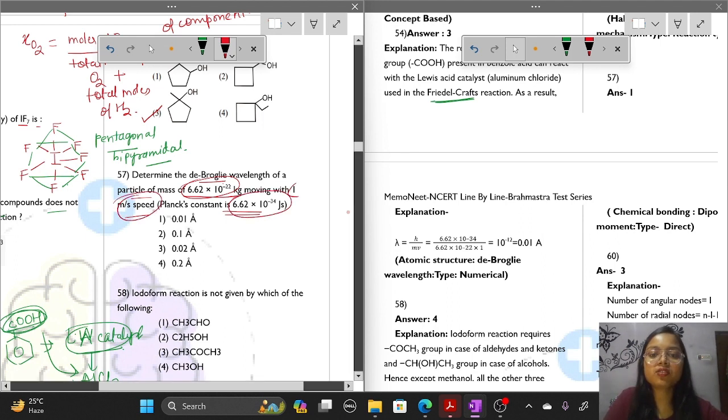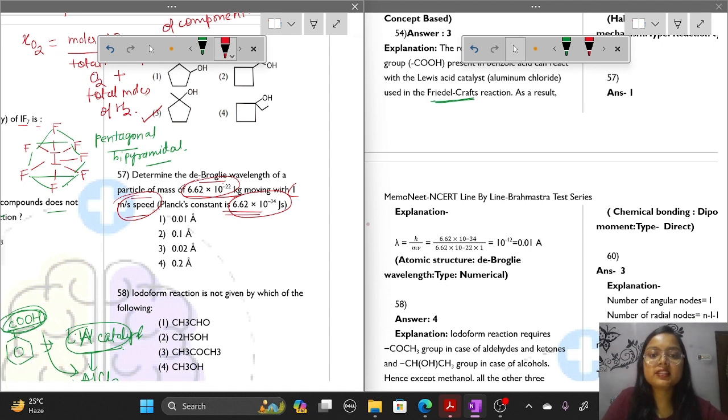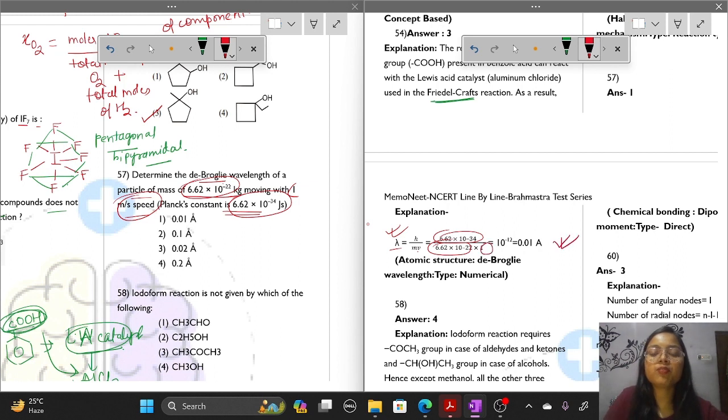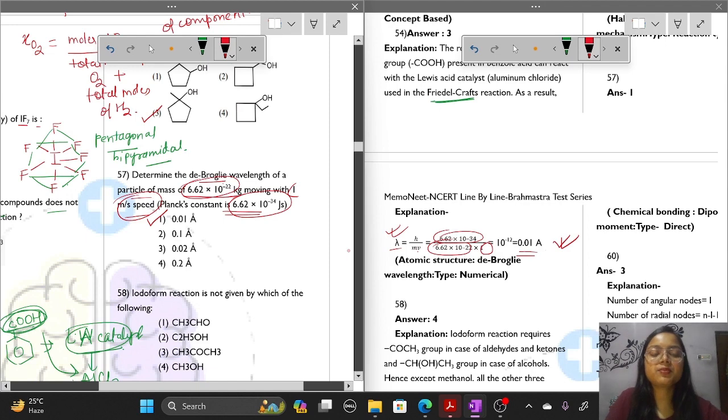Planck's constant is also given. So upon putting this in the de Broglie equation, lambda equals h by mv. Upon solving this, the wavelength comes out to be 0.01 Angstrom. Okay, option number 1, 0.01 Angstrom, is the correct answer.